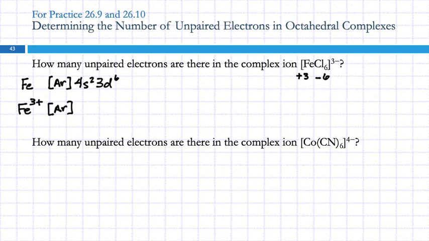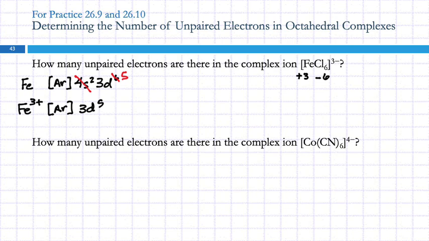Which ones go first? The 4s go first. So we're going to get rid of all of those, and then we're going to take one of these 3d electrons. So now we just have 3d5. So we have 5 electrons.